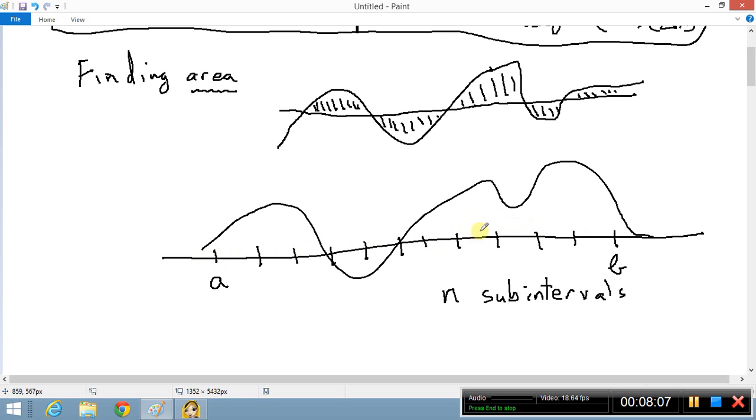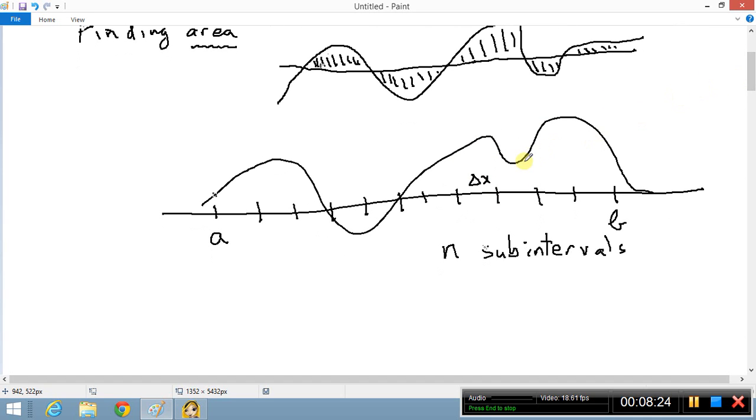And how big are they? Well, that's the delta x that I was just talking about. So every subinterval, even this one, although it doesn't look like it, is intended to be delta x long.